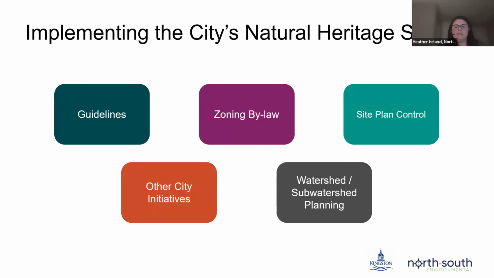To wrap things up, again, completing the natural heritage system study is just the start in identifying the system and the potential policies. Further work will continue through the recommendations that were made in the report to update the environmental impact study guidelines, look at a new ecological compensation guideline, as well as through zoning, site plan control, and other city initiatives.